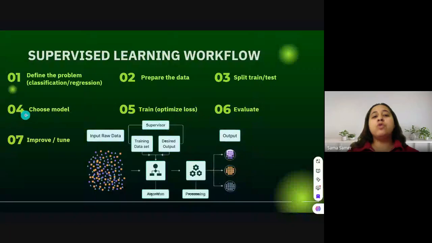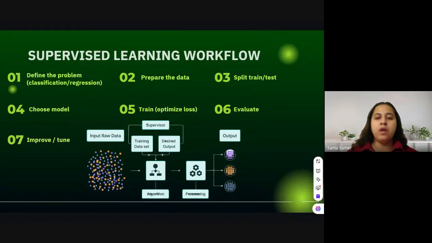Choose the model. We choose the model according to the problem that we have. Then, after choosing the model, train it. Most of the time, the first training won't give the highest accuracy or the best result, so we will try to optimize the loss. Our goal is always to have the minimum loss inside the model.